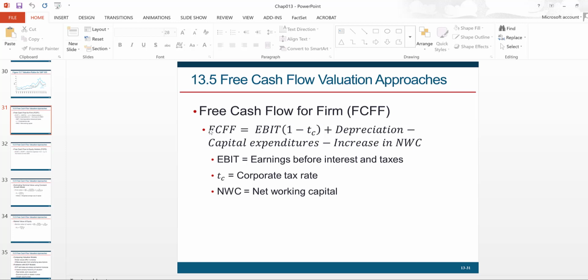Okay, so this is how you arrive at the free cash flow for the firm. So this is the free cash flow for the entire firm. This is the free cash flow available to all the stakeholders in the company, including equity holders and debt holders. Okay, so that would be your numerator. You estimate the current free cash flow, you estimate the growth rate of free cash flows, use some sort of a model to forecast the future free cash flows, and then you have to discount them, right?